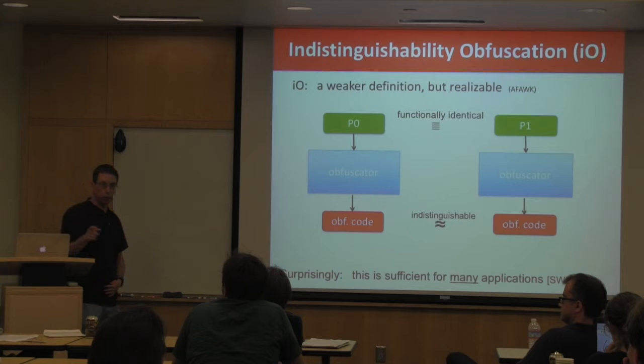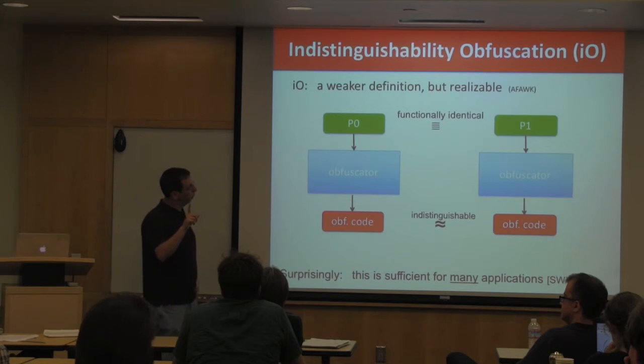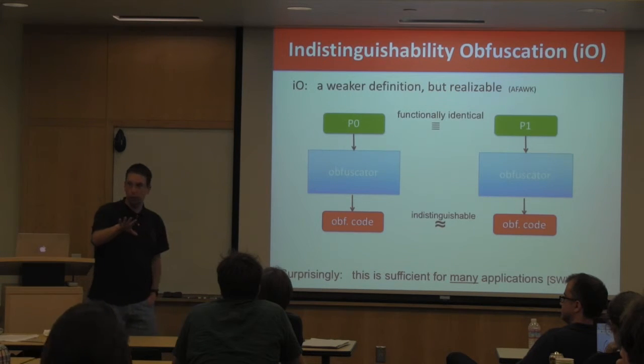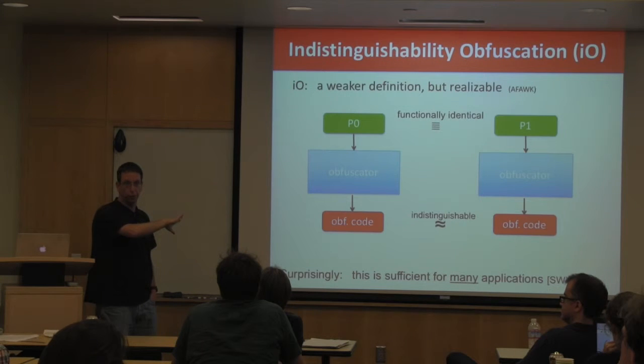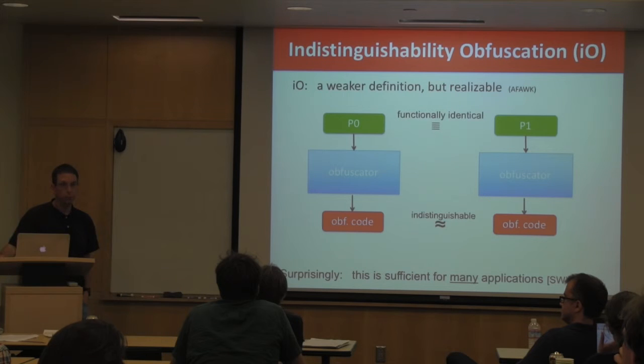Oh, that depends. The assumption was that if given a program, you can find a canonical representation of that program, then you would immediately have IO obfuscation.